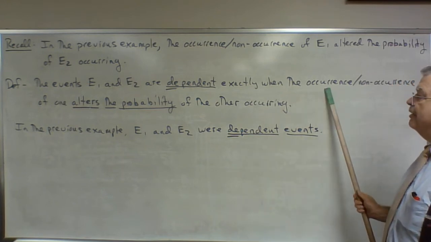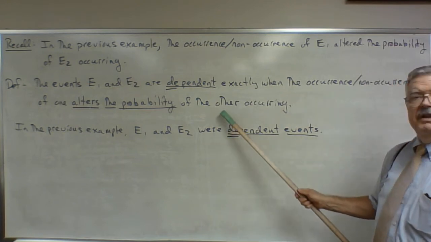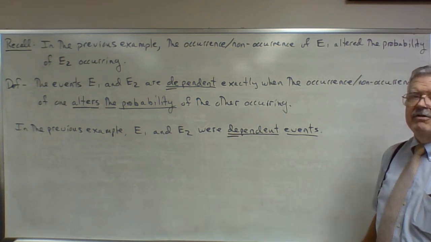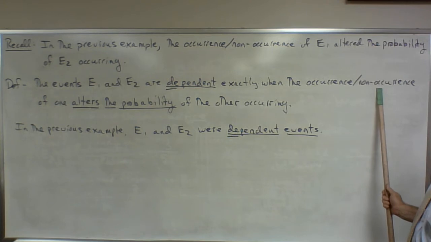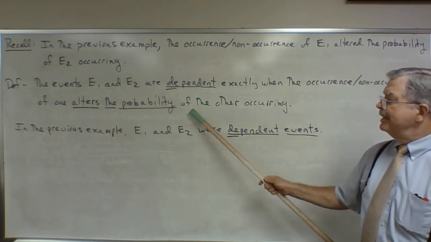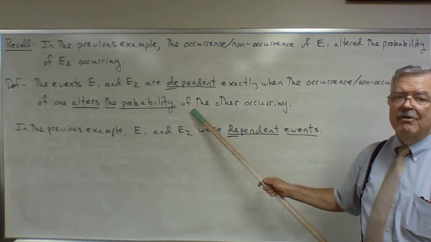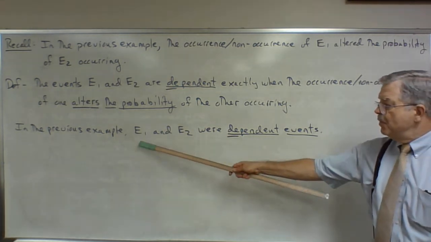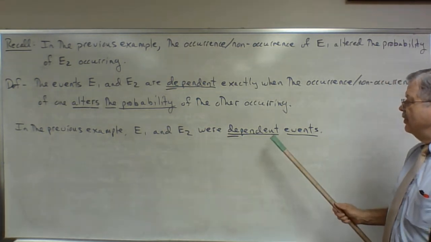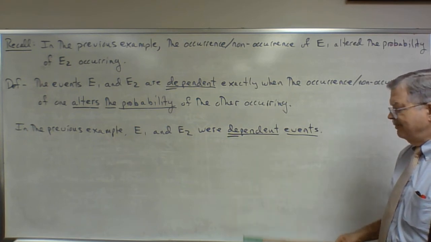If E1 occurred, the probability of E2 occurring was 3 over 51. If E1 did not occur, the probability of E2 occurring was 4 over 51. So in the previous example, E1 and E2 were dependent events.